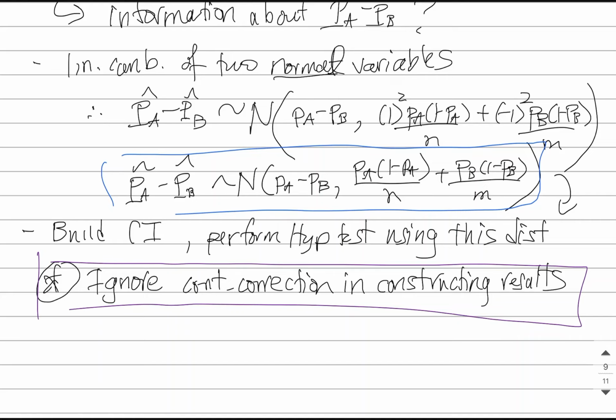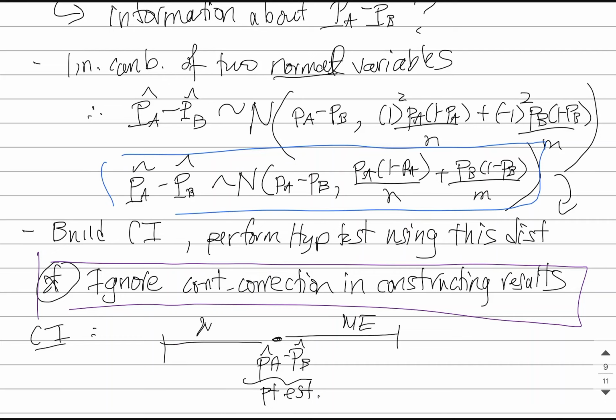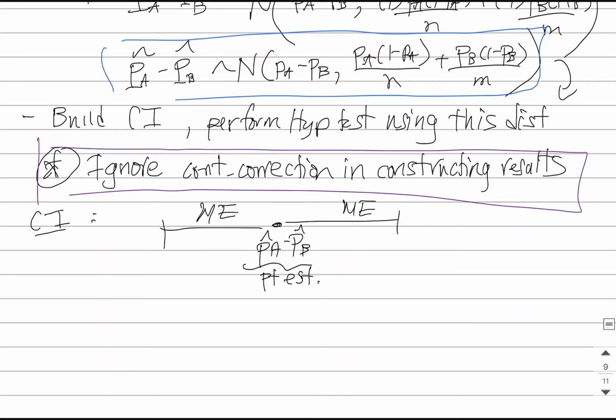But nonetheless, if we want to talk about a confidence interval, remember that we will always have our estimate, PA hat minus PB hat. These are the observed values. This is our point estimate. And we will stick our arms out by some margin of error. The margin of error always works the same.